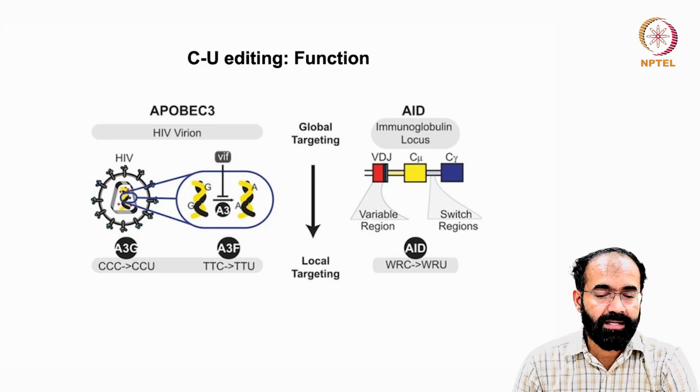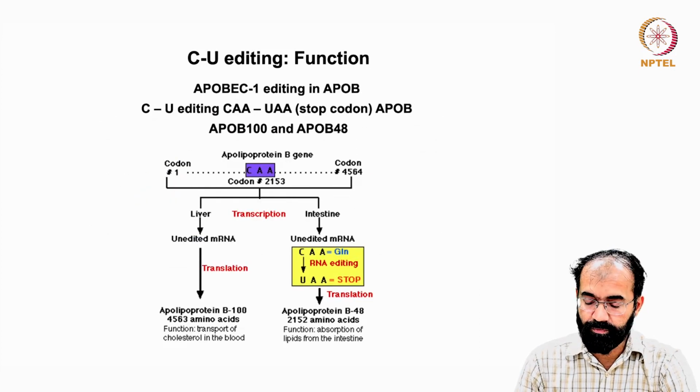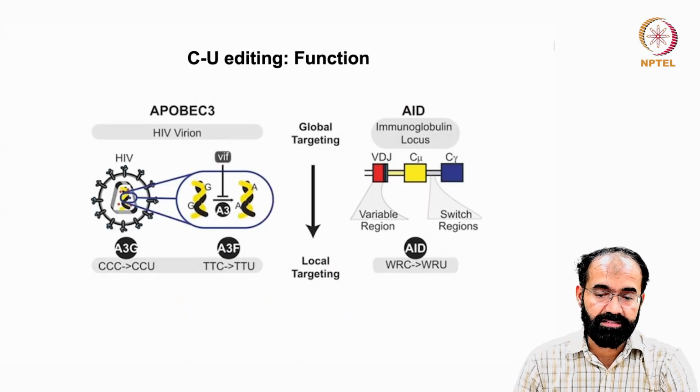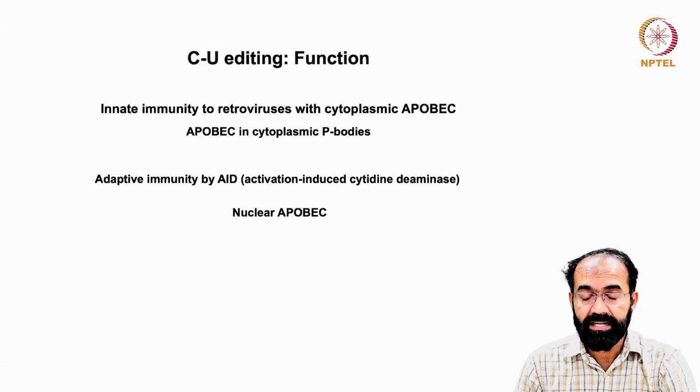So APOBEC 3 and AID interact together, because we have already seen that it functions along with other factors, other proteins, and adaptive immunity is caused by activation induced cytidine deaminase.